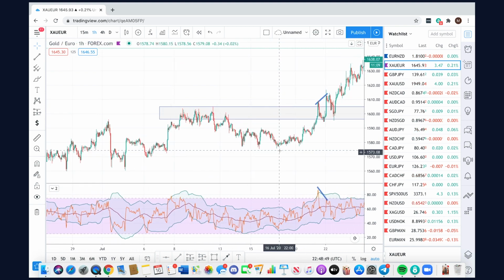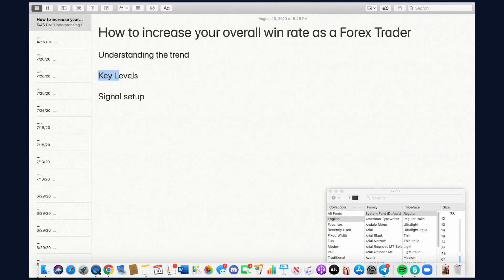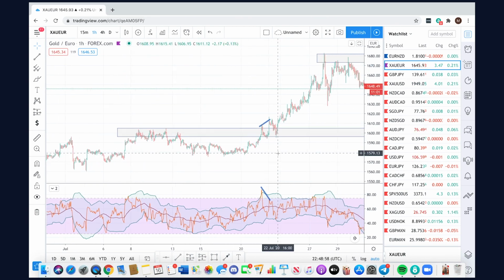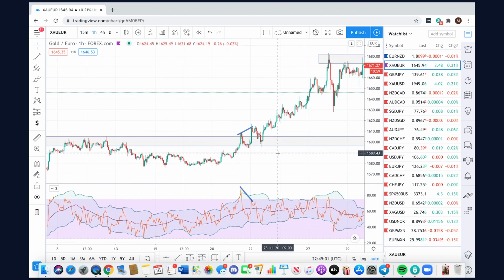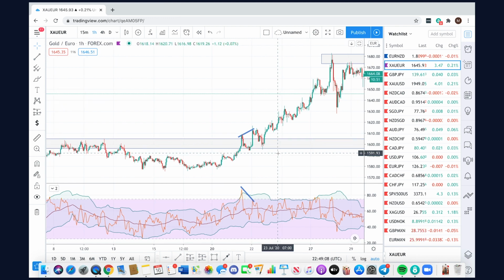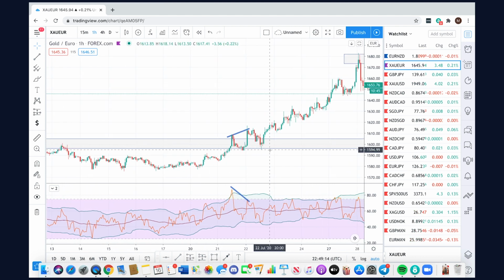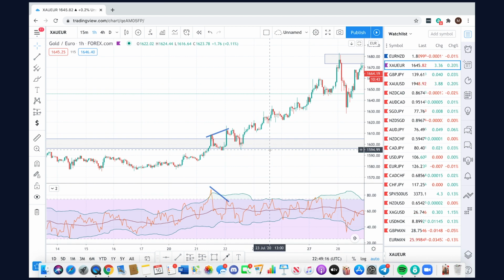So when price came to, what is the second thing, guys? Key levels. When price came to this key level, what am I looking for? I'm looking for a signal to indicate potential reversal at this key level. On the H1 time frame, looking at it from a divergence perspective, the main chart forms a higher high, this high right here is higher than this high, and the RSI forms a lower high.